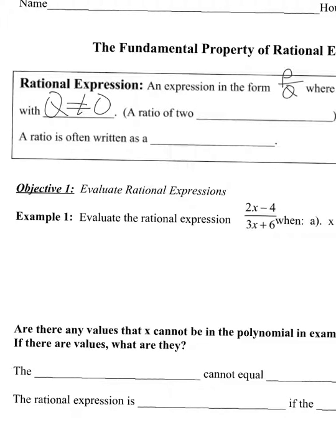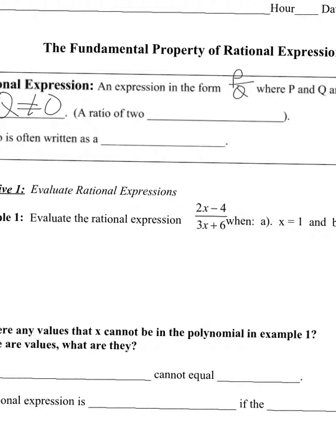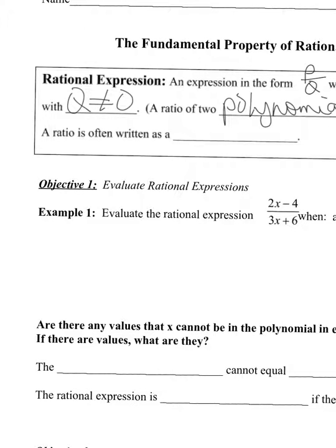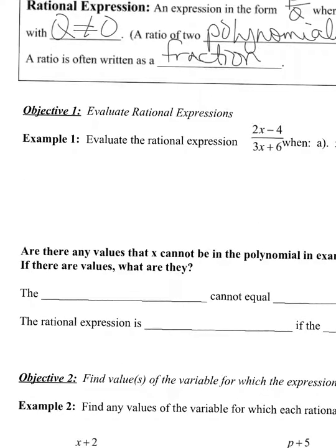We'll talk more about that later. So basically, we can think about a rational expression as just a ratio of two polynomials. And you might recall that a ratio is often written as a fraction. So we're going to see a lot of fractions that have a polynomial in both the numerator and the denominator. So our first objective is to evaluate rational expressions.